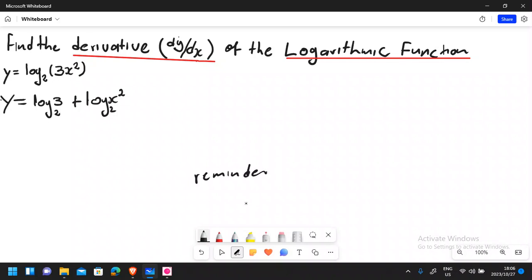Remember this law where we say log base a n plus log base a m, the answer is going to be log base a of n multiplied by m. All right, you still remember this law?